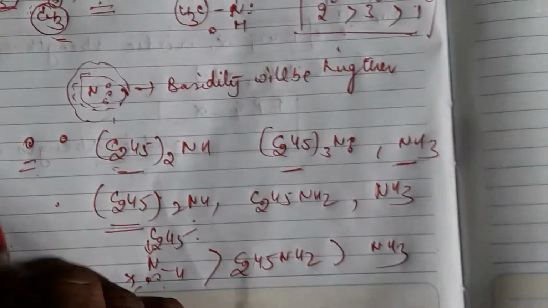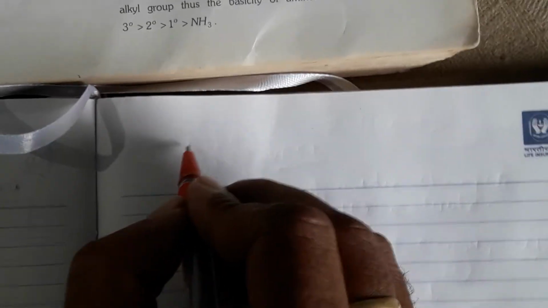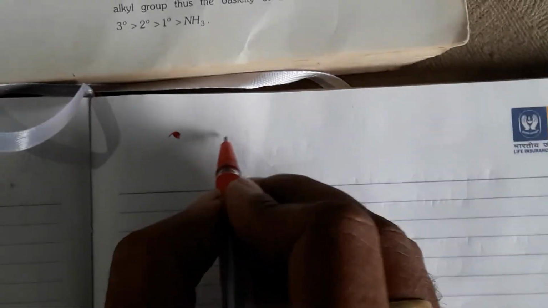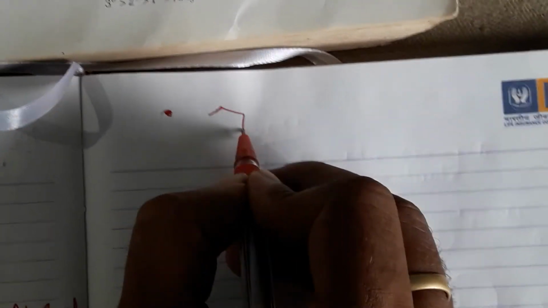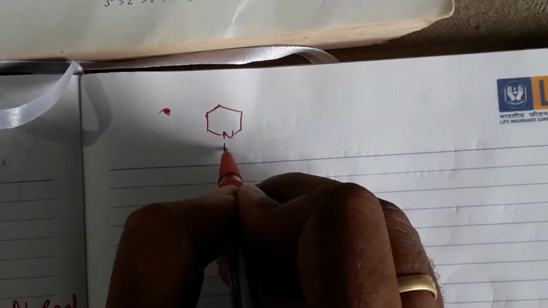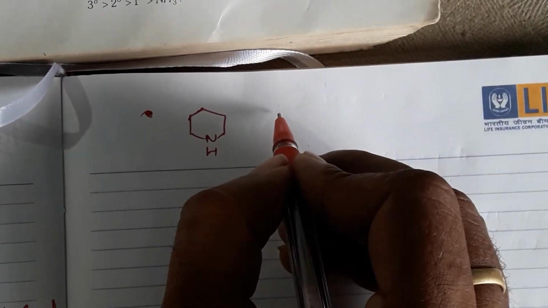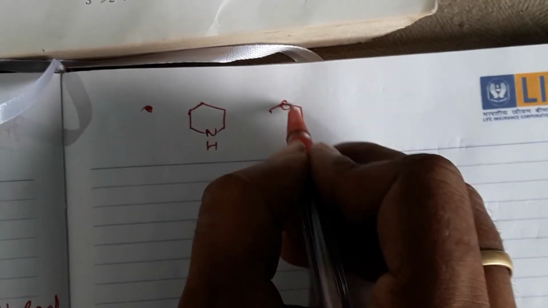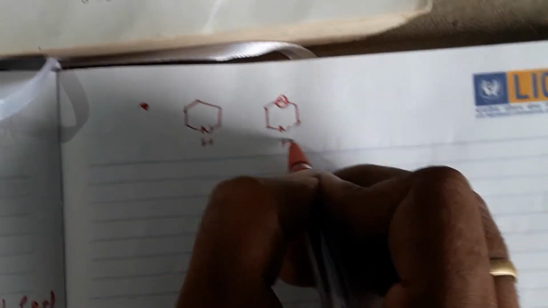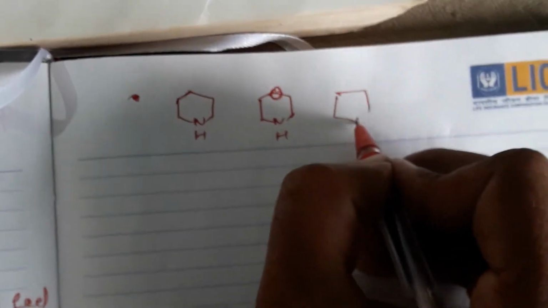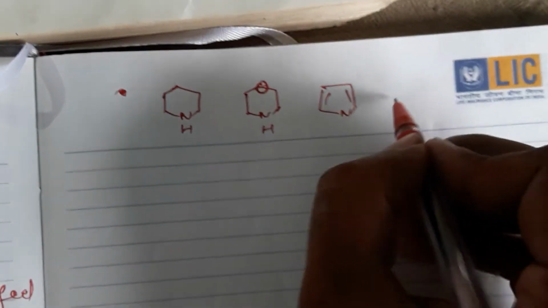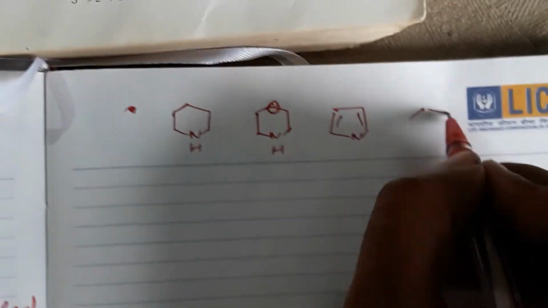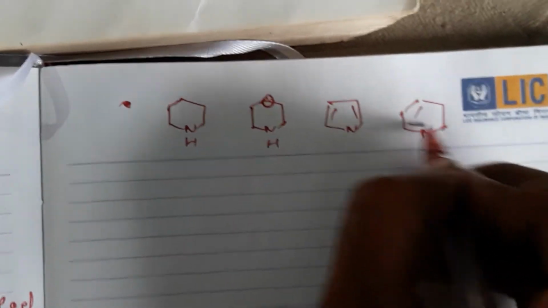So it is also an important question from the point of view of AIIMS and IIT. One question from this molecule can also be asked. Suppose this molecule is present here, after that this molecule, this is oxygen, and the other molecule is also, suppose, this one.